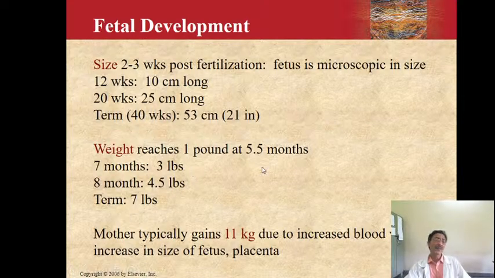So at 5 months of conception, in the second trimester, the weight should be around 0.5 kg. By 7 months, it should be around 1.5 kg, and nearing 8 months, around 2.5 kg. At term, when the baby is born after 36 to 38 weeks, the weight should be around 3.5 kgs.